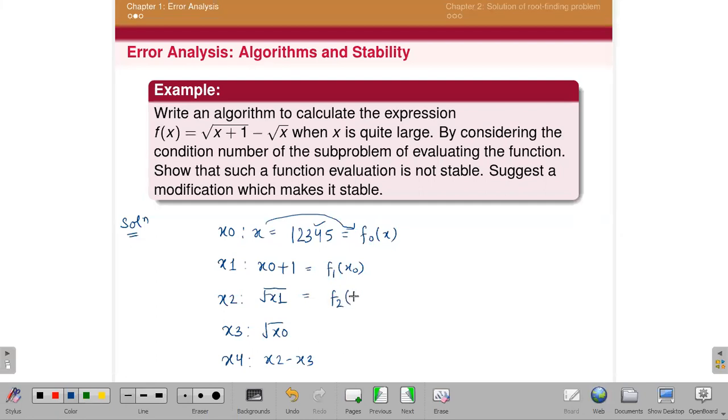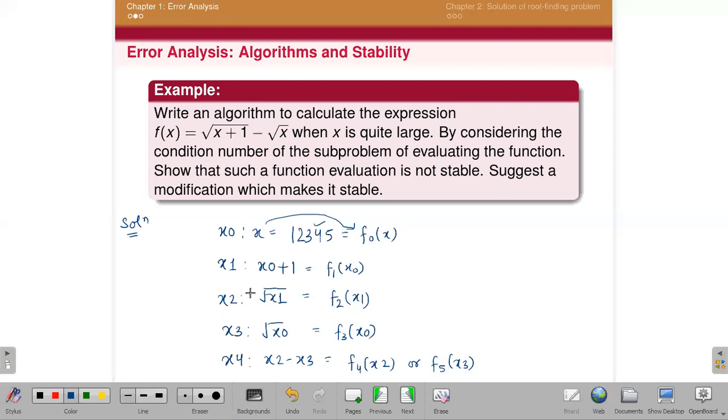This is another function of x naught, this is another function of x1. Whichever variable you are taking will be the function variable here. Because it contains two variables, you can write either a function of x2 or a function of x3. If you are writing x2 as a variable, then x3 will be treated as a constant, and if you are taking x3 as a variable, then x2 will be treated as a constant.